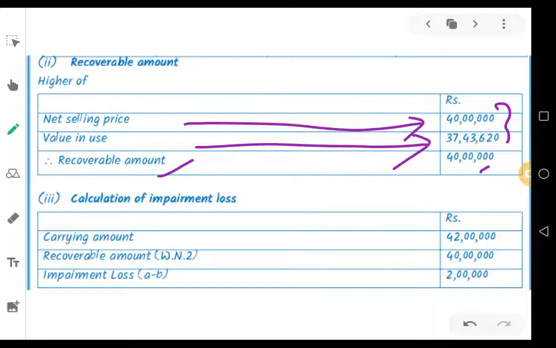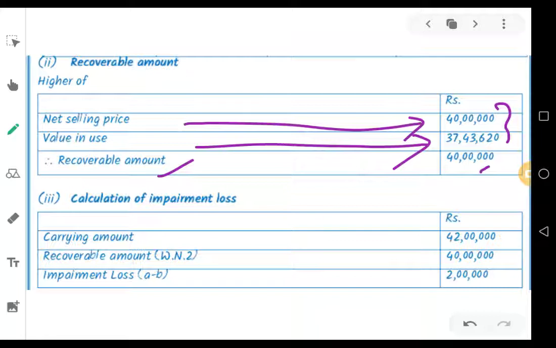Calculation of recoverable amount is pretty simple. That is, the higher of fair value and value in use. In this case, fair value means 40 lakhs. That is the selling price. Normally, fair value is selling price minus cost of disposal.